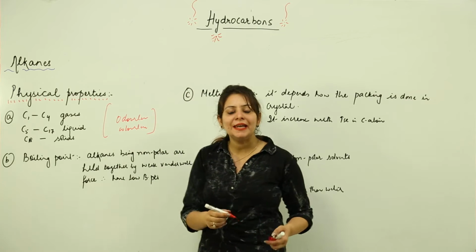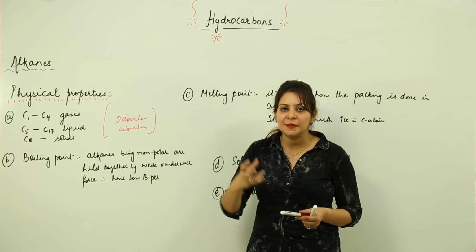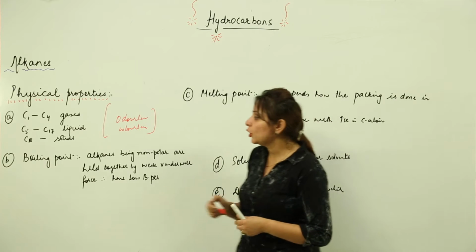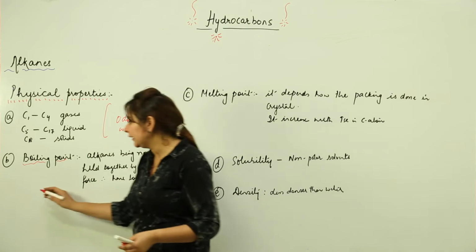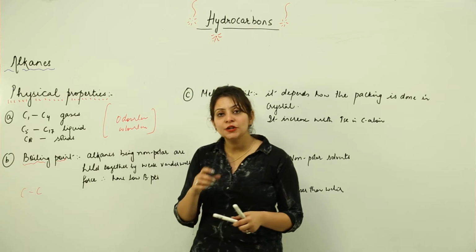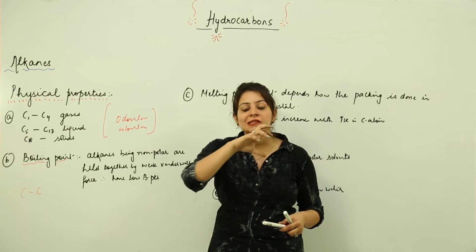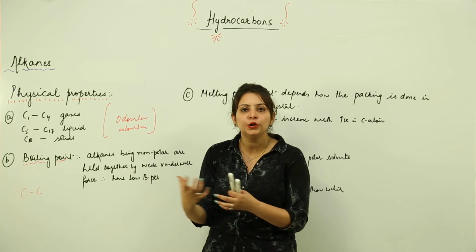That means alkanes do not have any specific odor or color. If we talk about the boiling point, as you know, alkanes have a bond between carbon and carbon. So it is non-polar in nature, because there is no electronegativity difference between them; they are homonuclear.